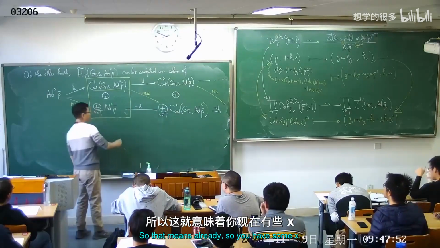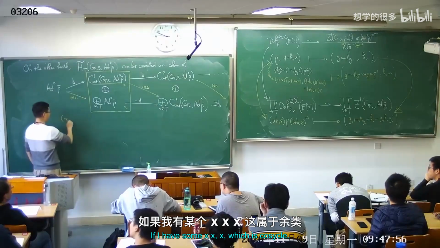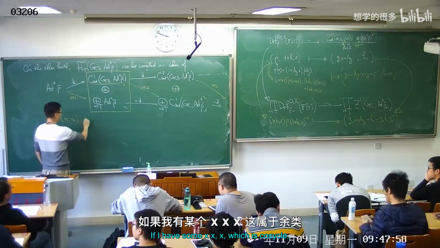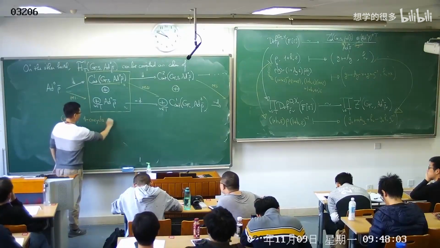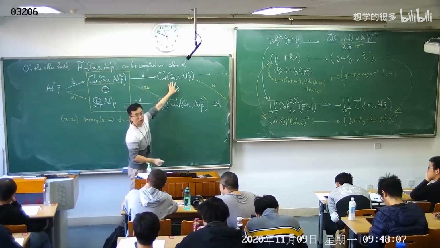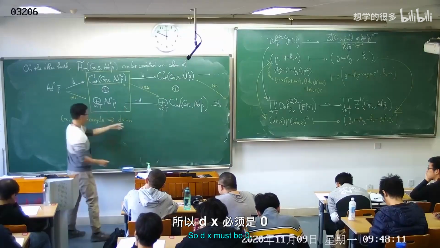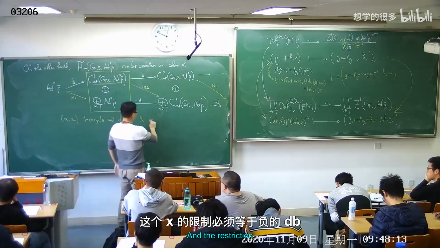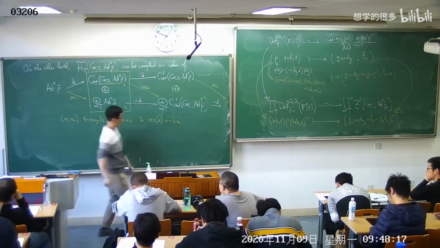So that means already, if I have some XV which is a co-cycle, at least you know that dx must be 0. When it goes over here, it must be 0, because when it goes here, everything has to be 0. So dx must be 0, and the restriction of this x must be equal to minus dv, right?